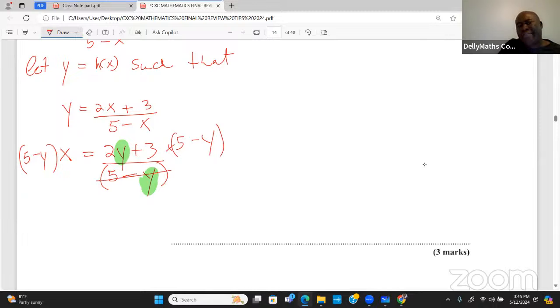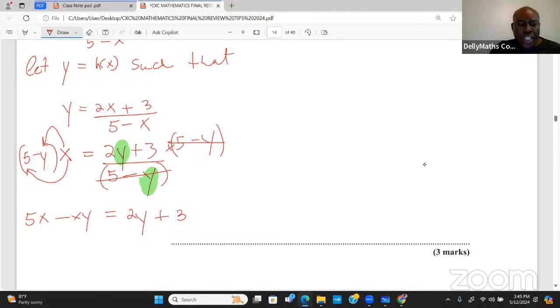On my right side, 5 minus y would have canceled itself. I'm getting rid of the fraction so that I could work easily. Now, I'm going to have to distribute here the x inside. So when we distribute, I'm getting 5x minus xy, which is equal to 2y plus 3, right? So we have that right there, 2y plus 3.